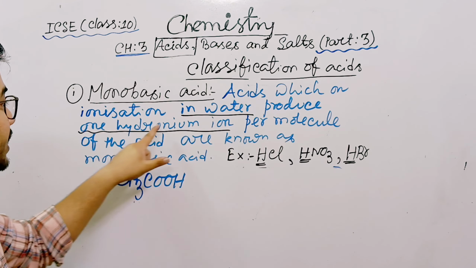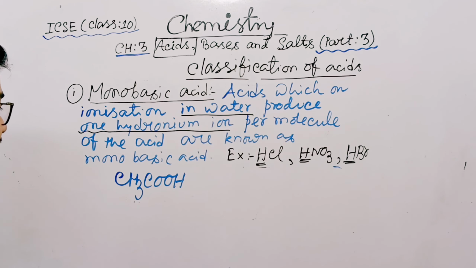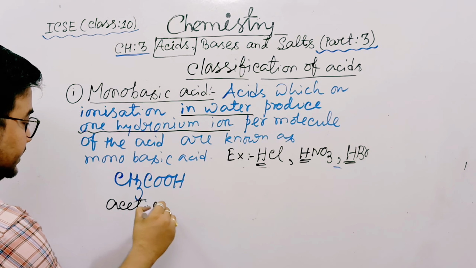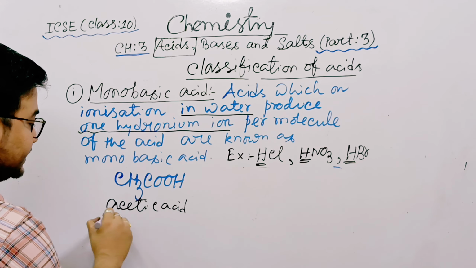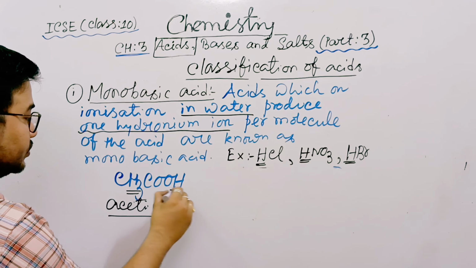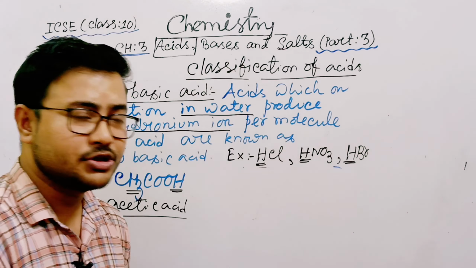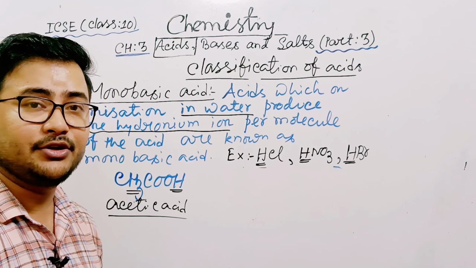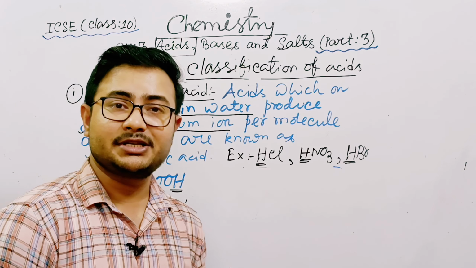See the definition: one hydronium ion. But here it is acetic acid. In acetic acid, how many hydrogen? 4. So how is it possible to be a monobasic acid? Here there are 4 hydrogen, so is it a tetrabasic acid? Tetra means 4: mono, di, tri, tetra.